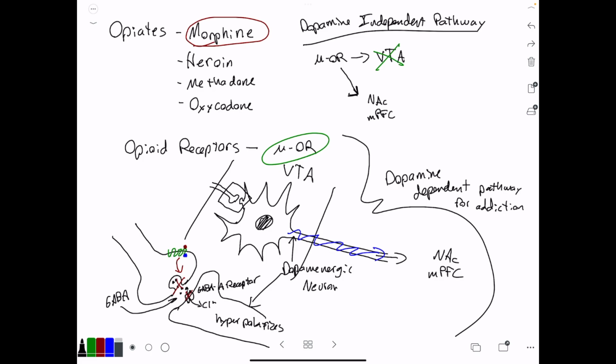the neuromodulatory effects of opiates on the mu opioid receptor are the same as those effects caused by dopamine itself.